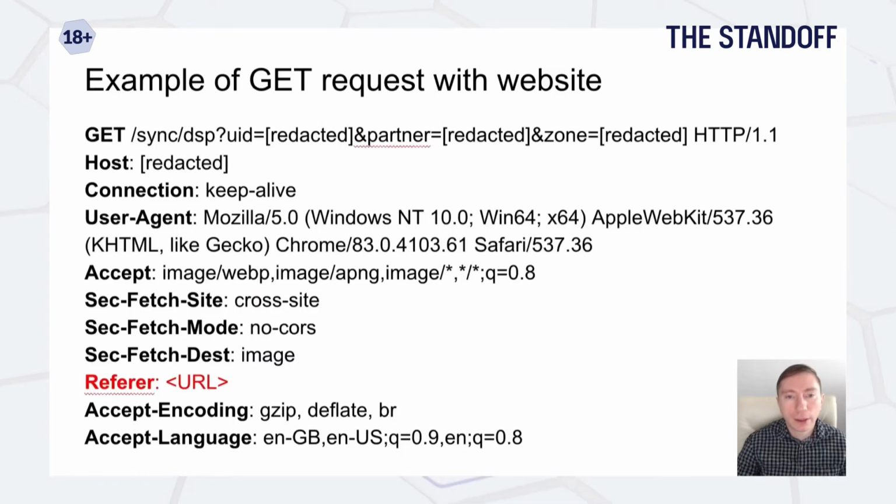This is an example of a request that we were receiving for this particular case. From the referrer field, we are able to extract some statistics about the websites that have used this particular domain. And we also have the user agent that's usually present on HTTP requests.